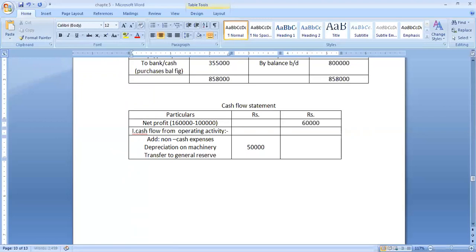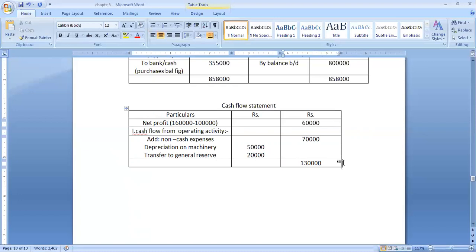What is the value of transfer to general reserve? It is 20,000. So total it is 70,000. Okay, clear with this? So 70,000 if you put together becomes 1,30,000.